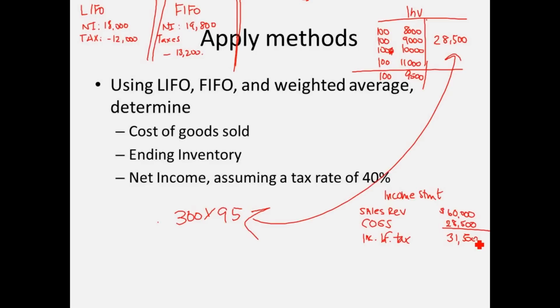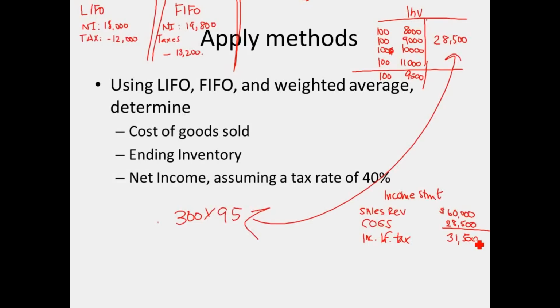Right in between. That's because prices consistently went up, so it's literally in the middle, but it might be closer to LIFO or closer to FIFO if I didn't buy equal amounts or if the prices didn't go up as smoothly or something like that.